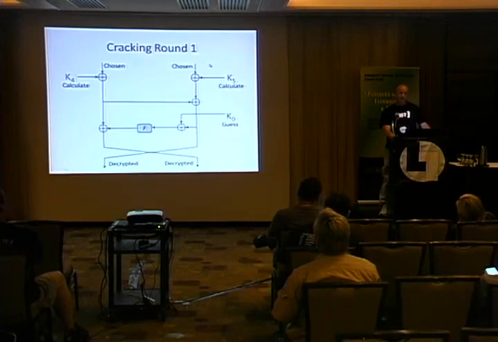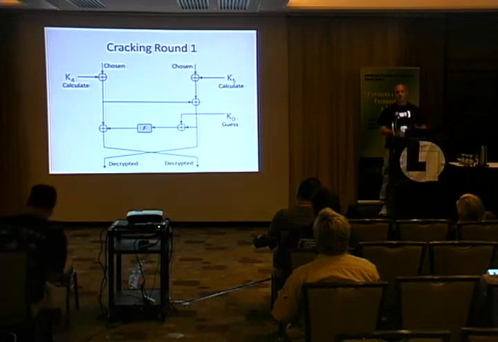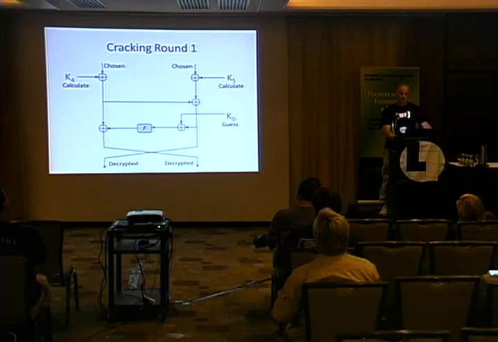Getting round 1 is tough. It's more straightforward. All you have to do is take guesses at K0 and calculate K4 and K5. Because you chose the plaintext, you have that data. You can use it to get these numbers. But if you get enough K0, K4, and K5 that agree with each other, then they're correct.